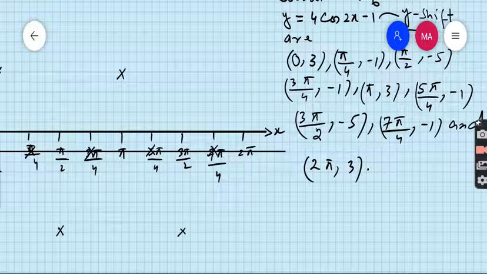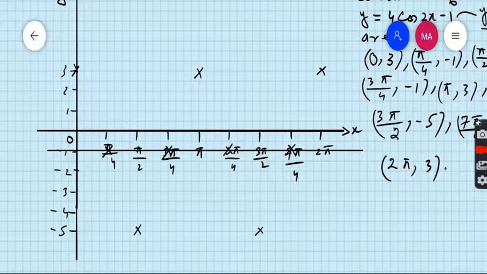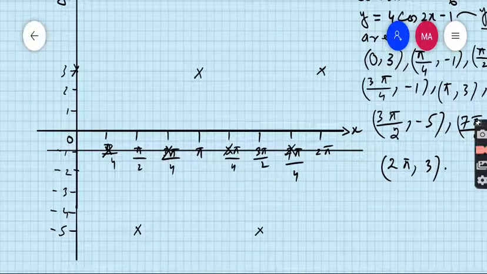And for 2 pi, the value is 3. So this time your standard axis is not the x-axis. This time your standard axis is y is equals to minus 1. Join all the points.